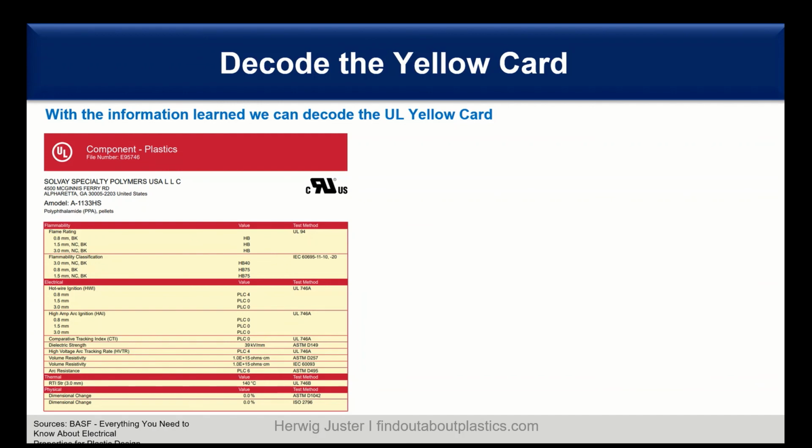However here it's from 0.8 to 3 millimeter, always PLC 0. And yeah, we have some further properties here, like the CTI and dielectric strength we discussed in the first part already, and volume resistivity also.